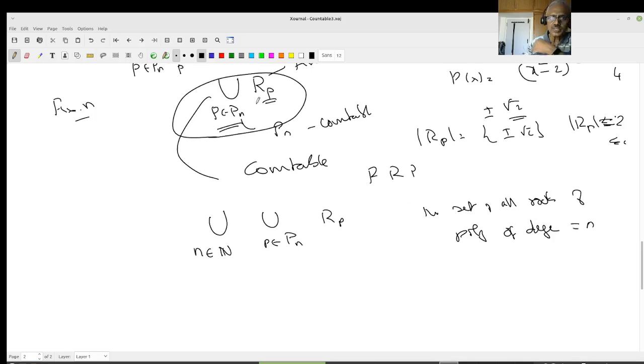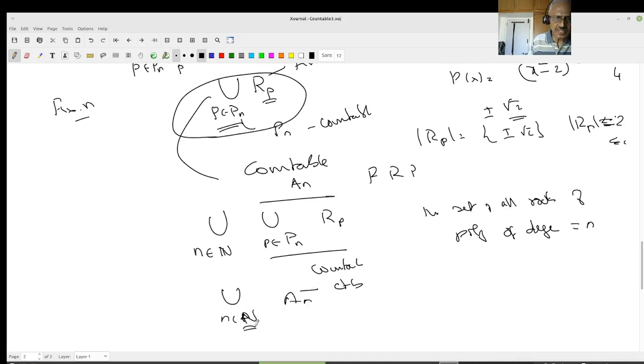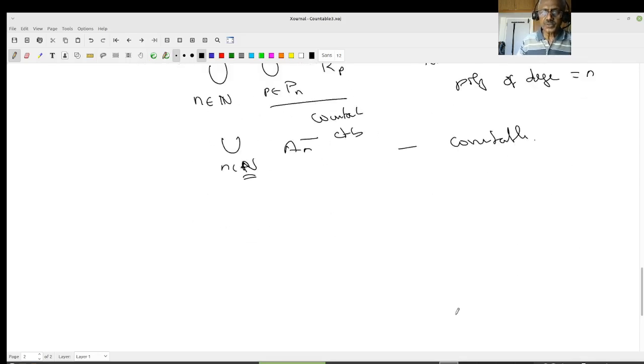Now I want to allow the degree also to vary, therefore I have this. Now this is already countable. Call this An, if you want, right? Therefore the union over n in N of An, these are all countable, and this indexing set is countable, therefore a countable union of countable sets is countable, so this is countable. Okay, therefore what have we shown? We have shown the set of algebraic numbers is countable.